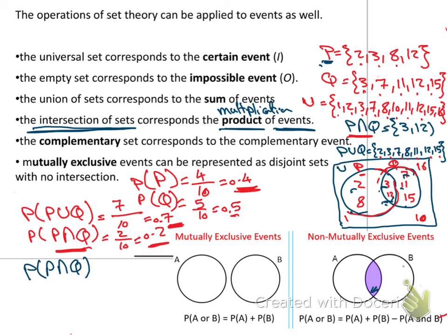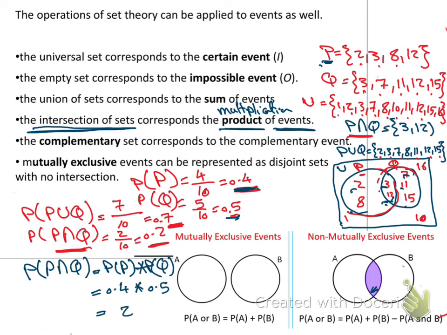This means it is multiplication. So the probability of P intersect Q equals the probability of P times the probability of Q. The probability of P is a big probability, 0.4. The probability of Q is much bigger, 0.5. If we multiply two decimals or two fractions, it will be a smaller number.